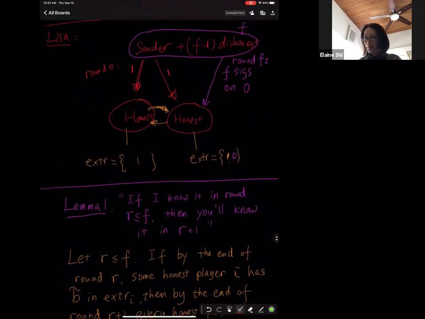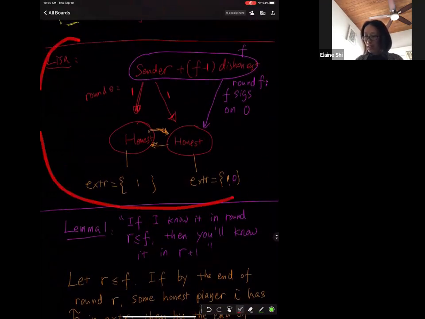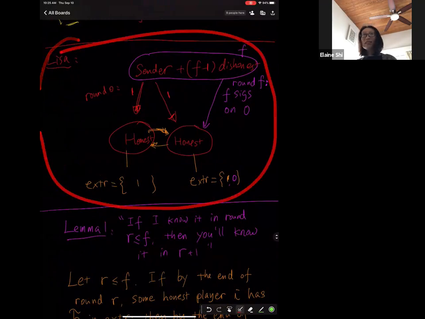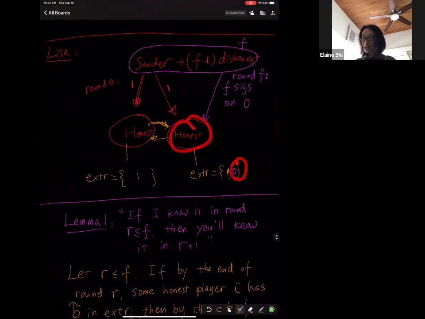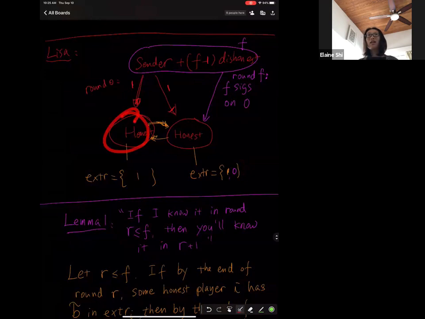We went over this attack, and in fact, this attack exploits exactly this. In the last round, some honest people add 0 to their extracted set, but they don't have time to inform other honest nodes to do the same. So the magic happens in the last round, the F+1 round.